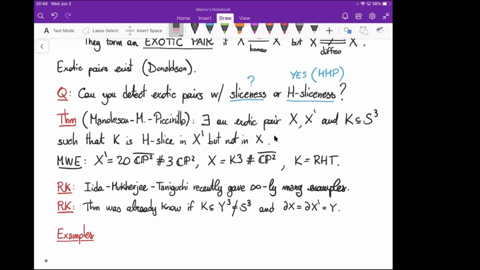A cork is a contractible 4-manifold that admits an involution on the boundary. So by using corks, one can prove this result.